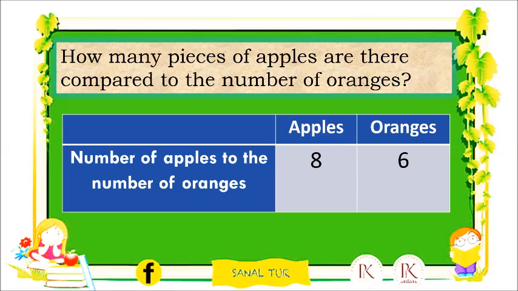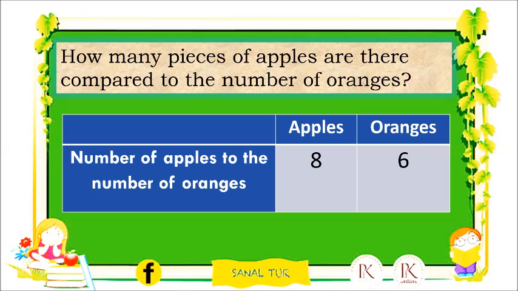Why is it I did not write 6 in here? Why is it I write 8 first, not 6? Yes, because the first number being asked is apples. And the second number is oranges.